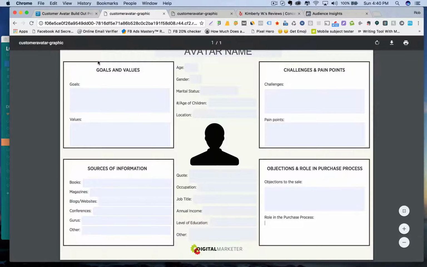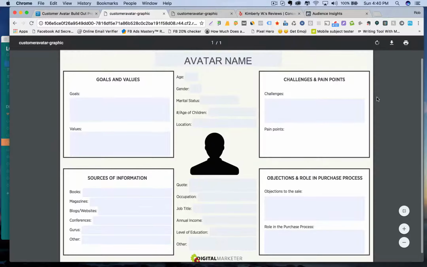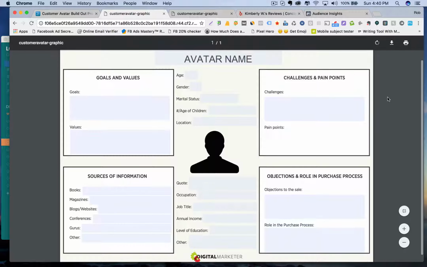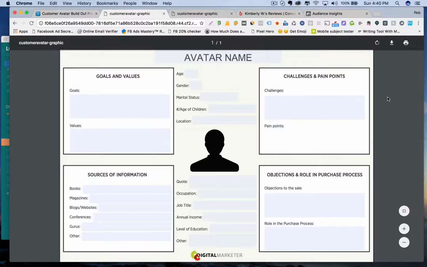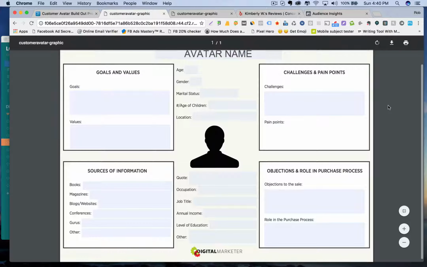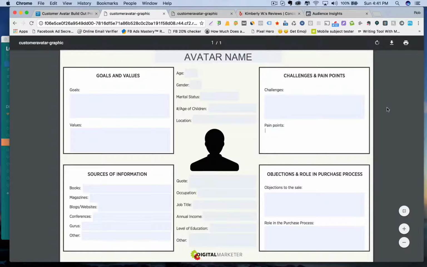At the end of the day, the question is going to be, okay, how do I find this information? In the PDF, it does a great job explaining the rationale behind each of these elements, but there are some gaps in terms of where to actually find the information. Now, you can make some assumptions, which is always a great place to start.